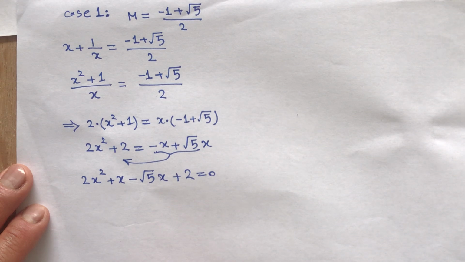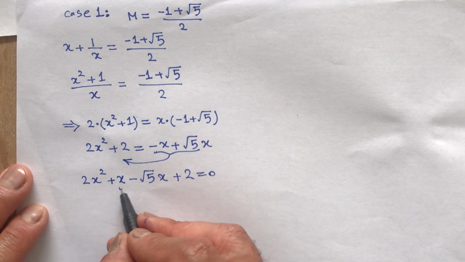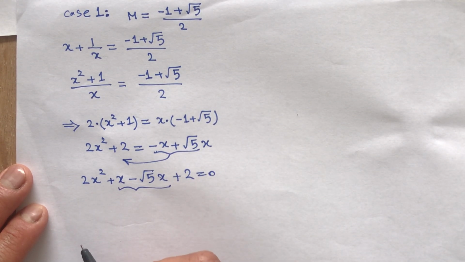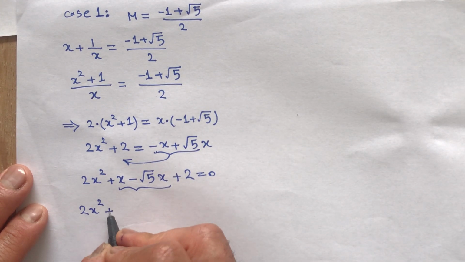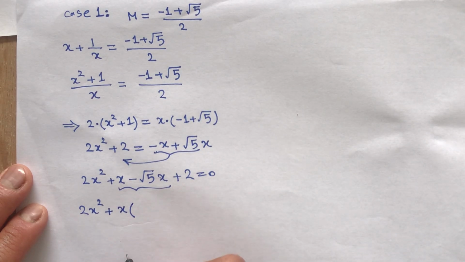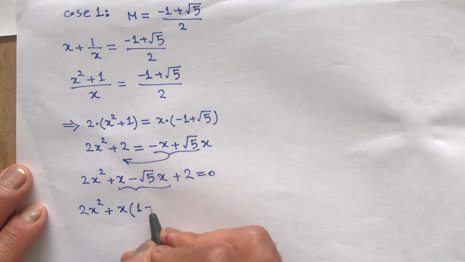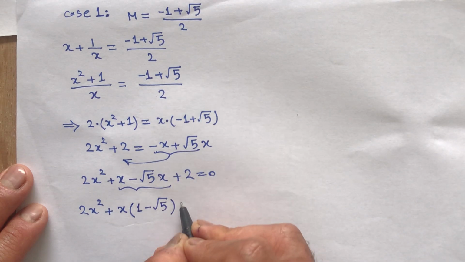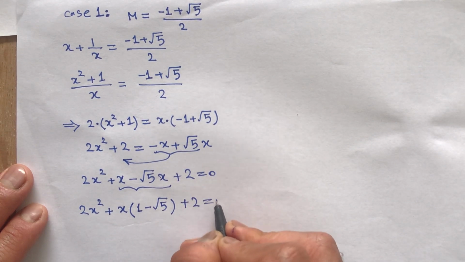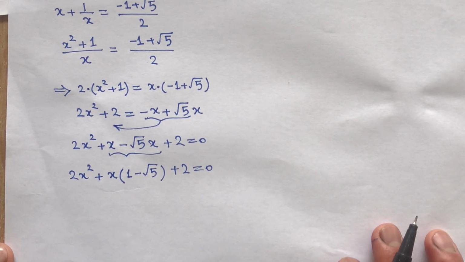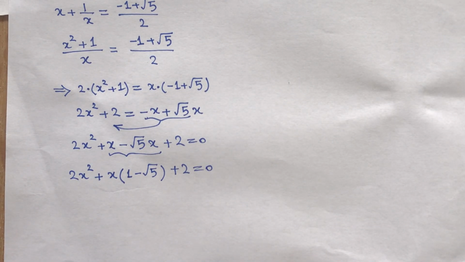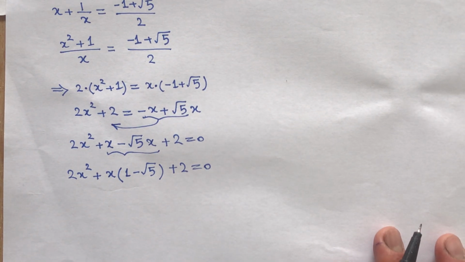Okay, now for these two terms I can again factor out x to simplify. So x parenthesis 1 minus square root of 5, plus 2 equals 0. Okay, again I have a quadratic equation. I can again use that equation for the roots of this equation. And you know, for the quadratic I have two roots here.